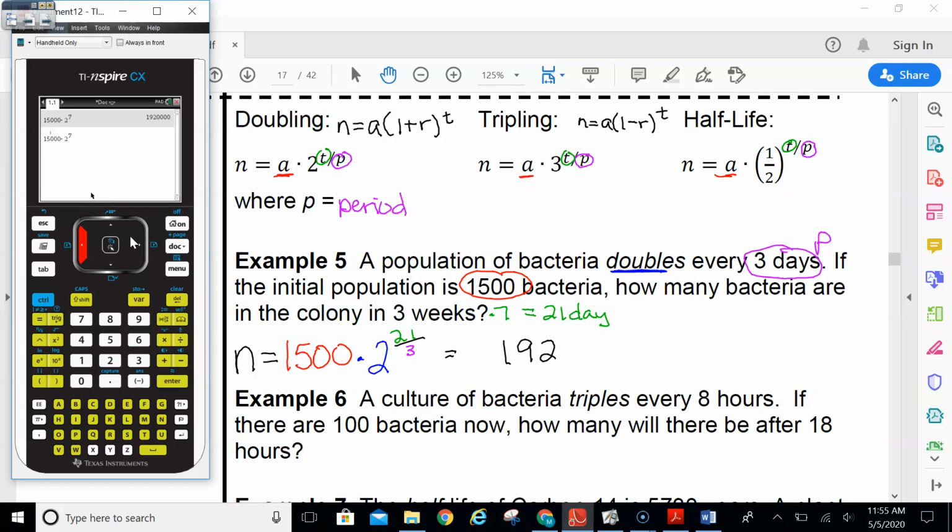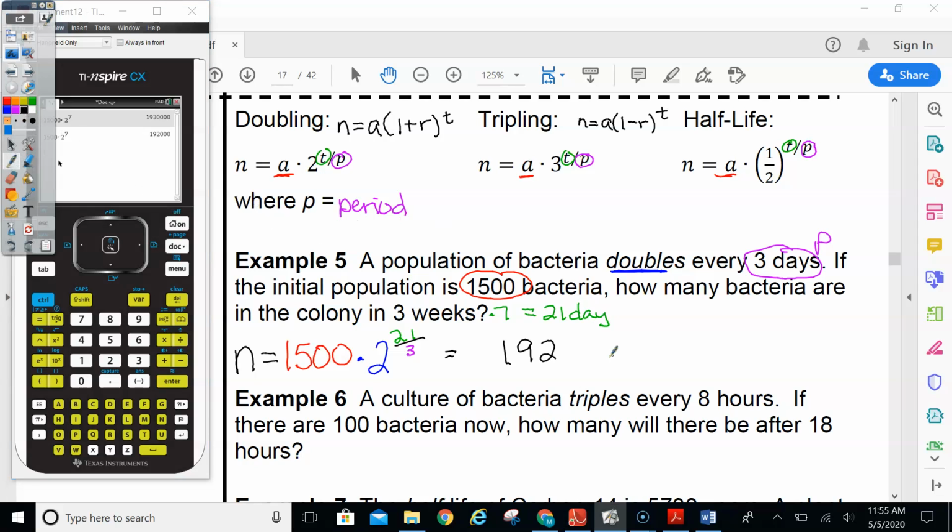So 1,500. This is 15,000. 1,500. And it's still 192, but now there's only 3 zeros. 192,000, and then we're talking about bacteria here.